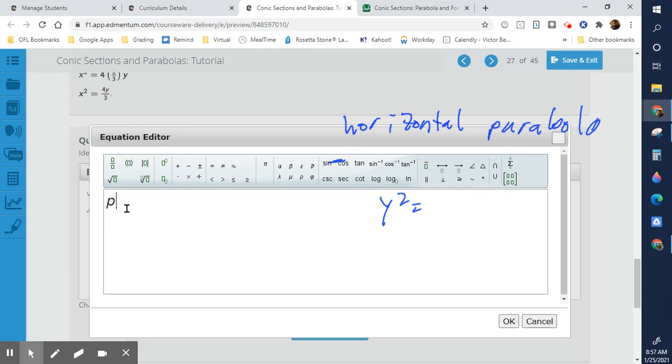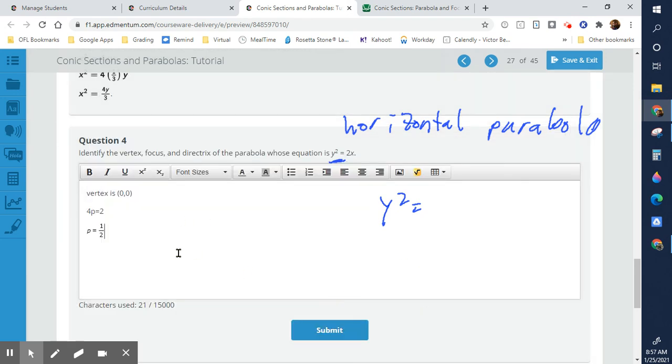P equals 1/2. Perfect. So P is equal to 1/2. All right, so our vertex was really obvious. There was nothing being added, so we know it's 0, 0. In order to make this equal to each other, this 2 has to be equal to 4p. There would be more work if our vertex wasn't that.